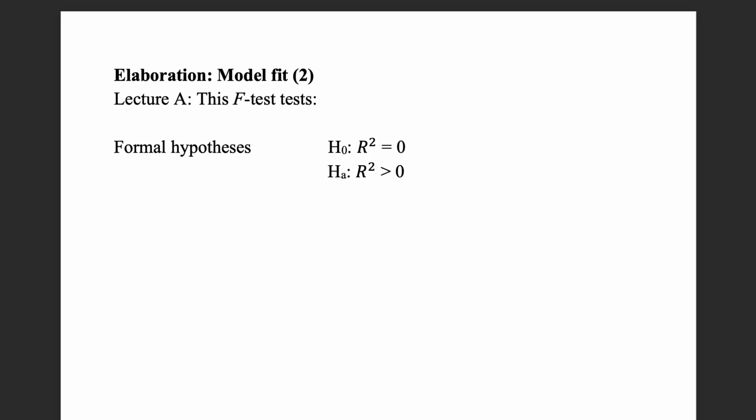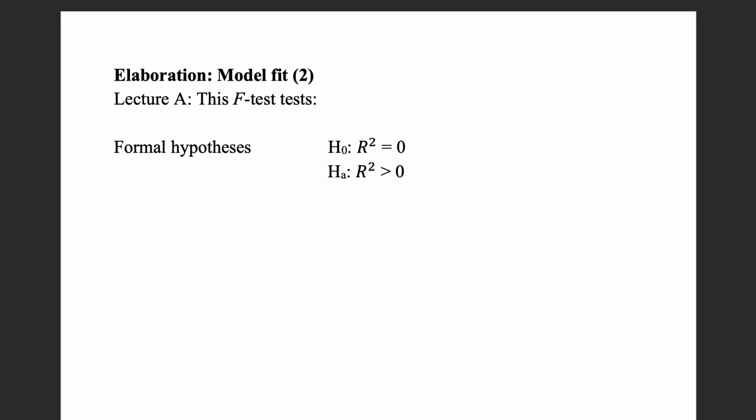And then that's of course a useful null hypothesis to be able to reject, because if we can reject that null hypothesis, then that would support the alternative hypothesis that R square is larger than 0. So it takes a positive value in the population, which means that our model would explain some of the variance in the grades in the entire population of students.